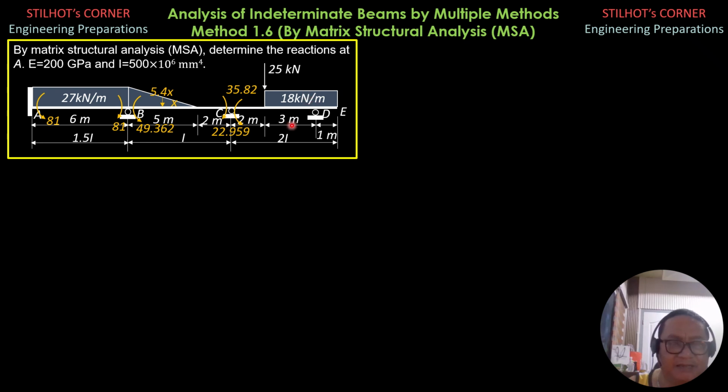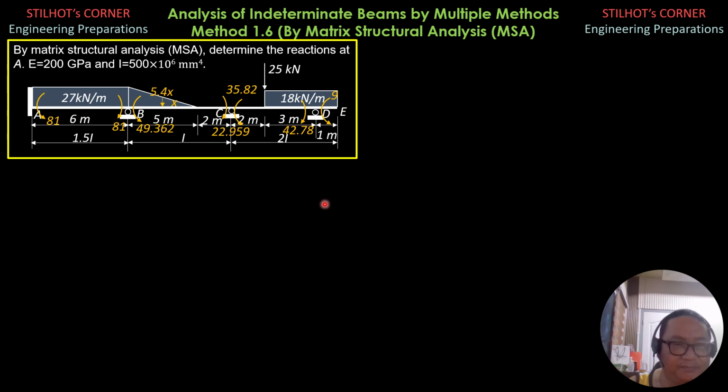Then here, the integral from 0 to 3 of 18 dx times 5 minus x quantity squared times x divided by 5 squared, then plus 25 times 2 squared times 3 divided by 5 squared, and that is clockwise, equal to 42.78. And finally, we have a clockwise moment here due to this overhanging load, 18 times 1 times 0.5, and that is counterclockwise 9.